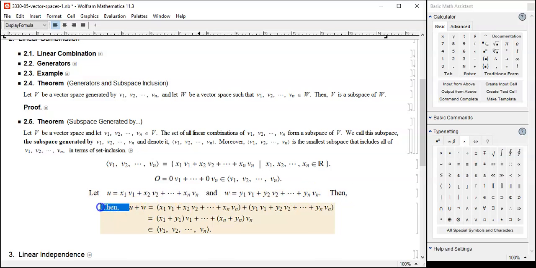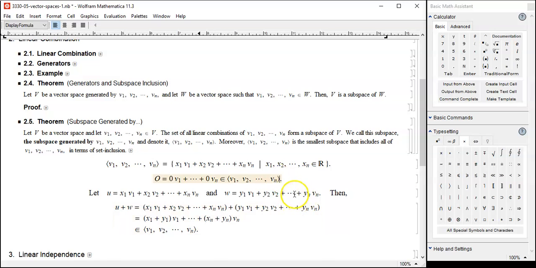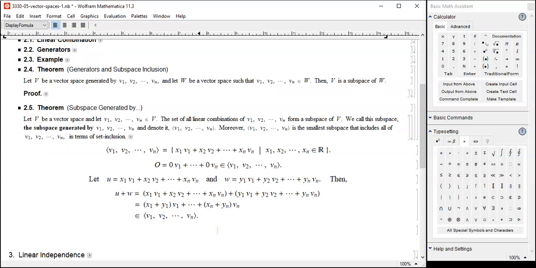Let's write like this. Then let's align. Okay, 0 is done, and this is done, and then one more. Let's see. Shall I use V? Okay, V is equal to any linear combination like this.